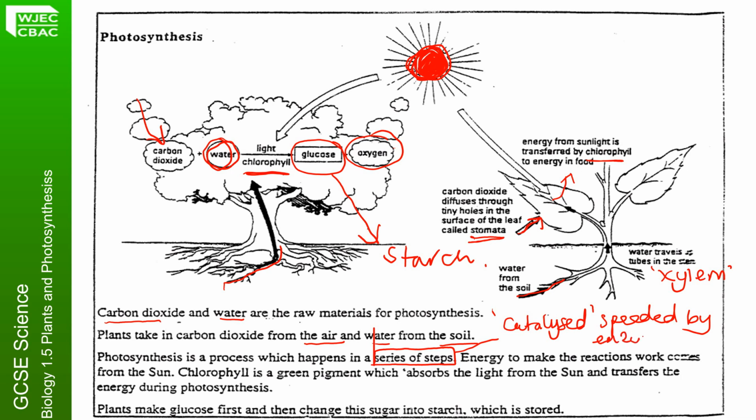And again, this relates to work that we did right back in that first unit. The energy required to make this reaction work comes from the sun, and chlorophyll is the green pigment which helps to absorb the light from the sun. So plants make glucose first, and then they change that into starch, which is stored. So that's why we will be testing our leaves for starch later on next lesson.